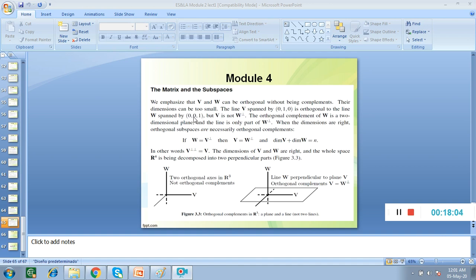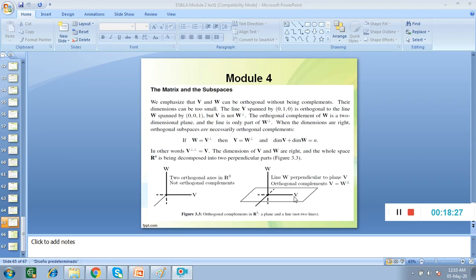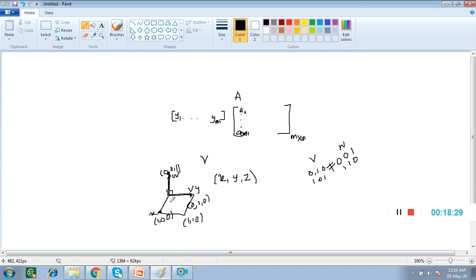This 1, 1, 0 means 1 in x and 1 in y, so it would be a plane this way, representing the point 1, 1 because x is 1 and y is 1. So 1, 1, 0 is the plane. Here V is a part of this plane, since V was this line 0, 1, 0, and V and W are perpendicular to each other.